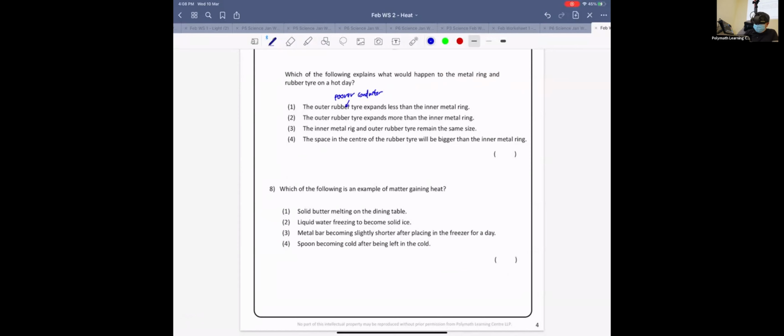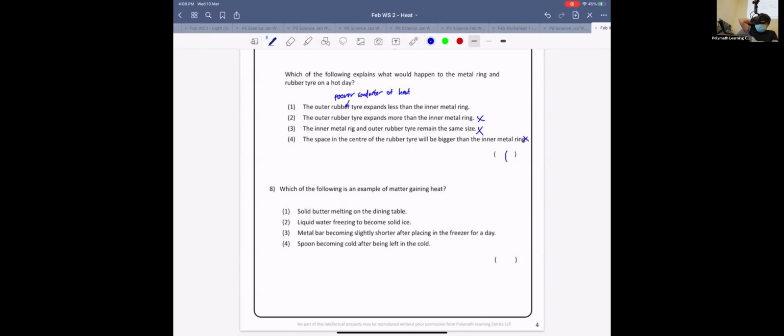The outer rubber tire expands more, not true. The inner metal ring and the outer rubber tire remain the same size, not true. They will expand. The space in the center of the rubber tire will be bigger, no. Answer is 1, because the rubber tire is a poorer conductor of heat than the inner metal ring.